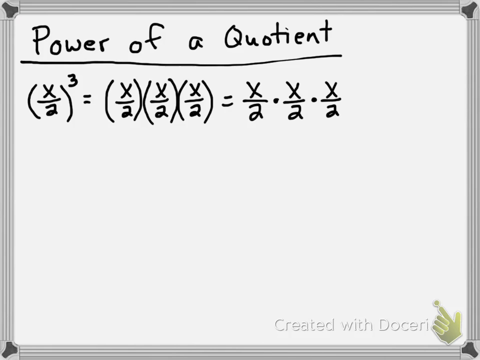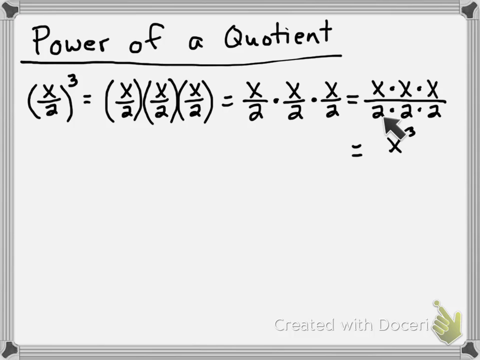I multiply fractions by multiplying the numerators together and then multiplying denominators together. So that gives me x times x times x on top and 2 times 2 times 2 on bottom. Now I can simplify that because I know x times x times x is x to the third power.